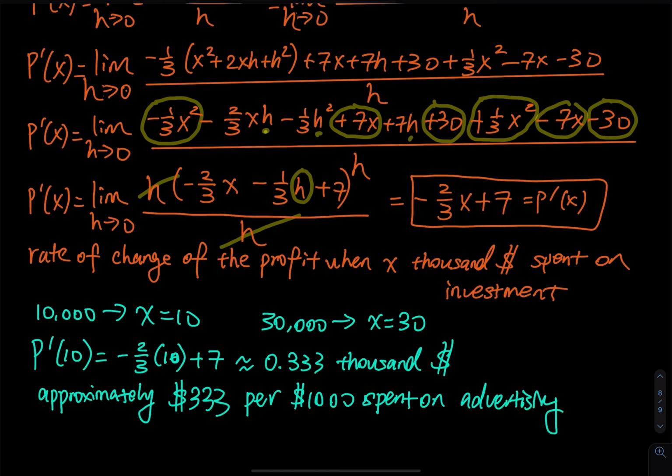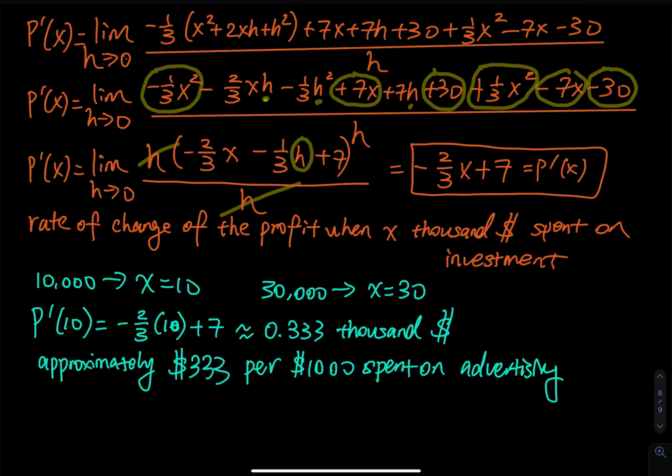Let's make this a complete sentence. I should say the business earns approximately $333 per $1,000 spent on investment.